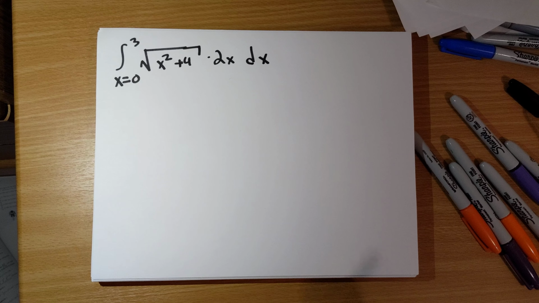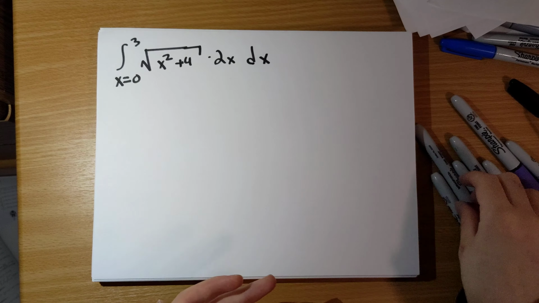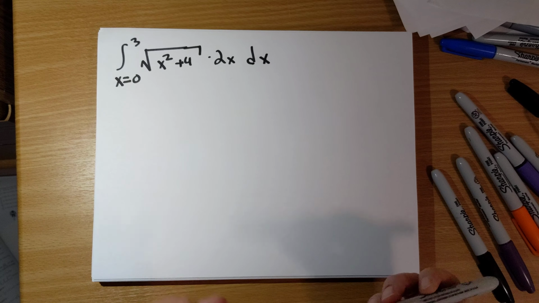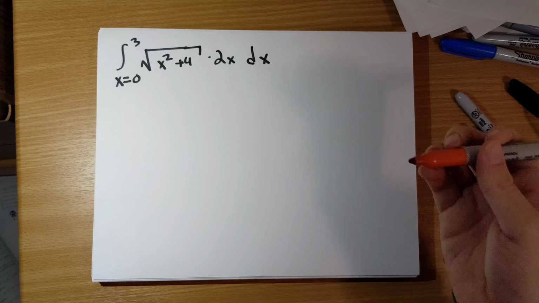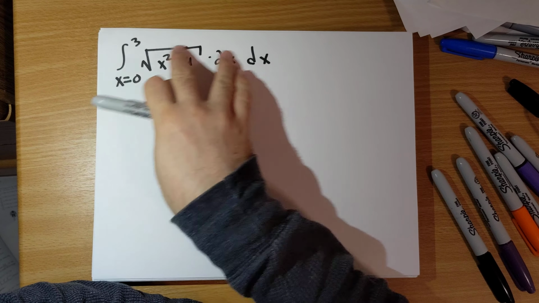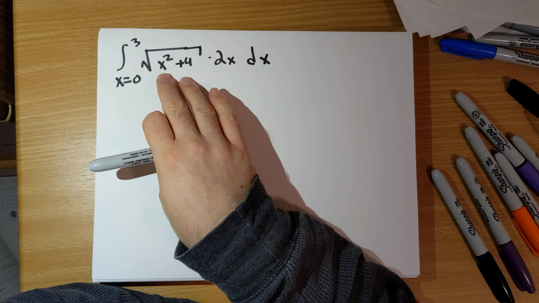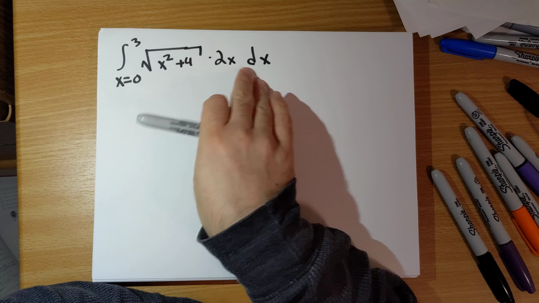How to do this? This is a pretty easy, straightforward substitution problem. So first off, observe here, how to find the antiderivative of square root of x squared plus 4 times 2x dx.